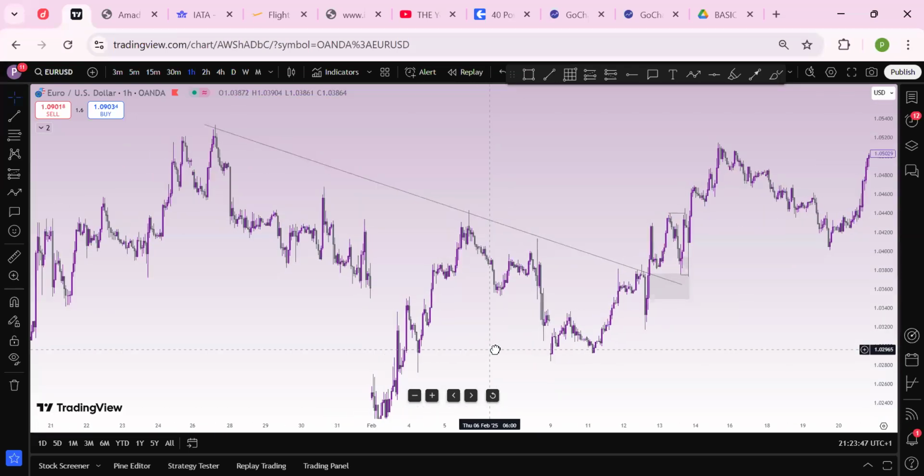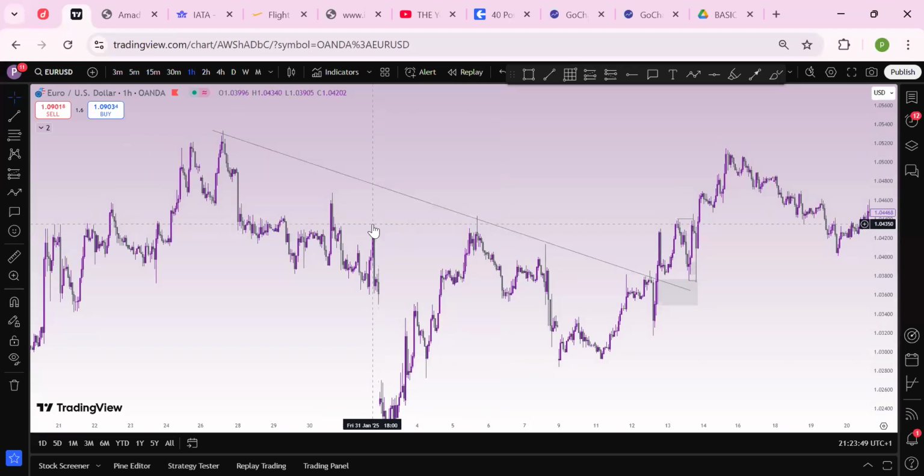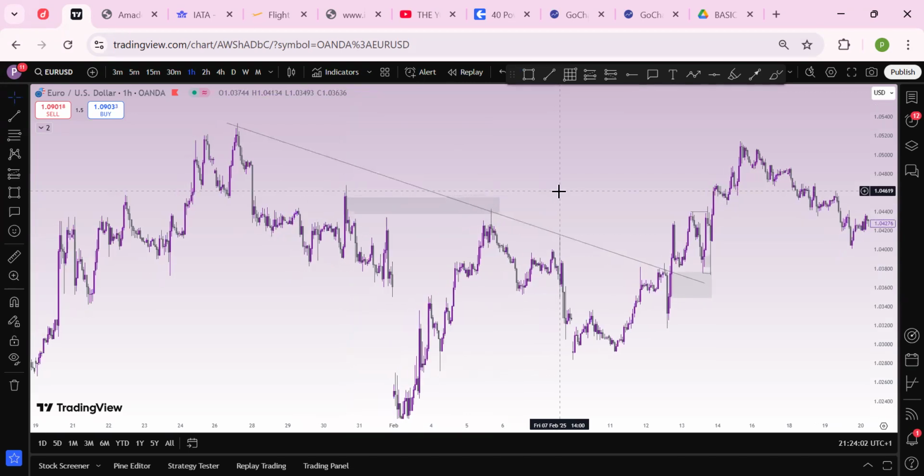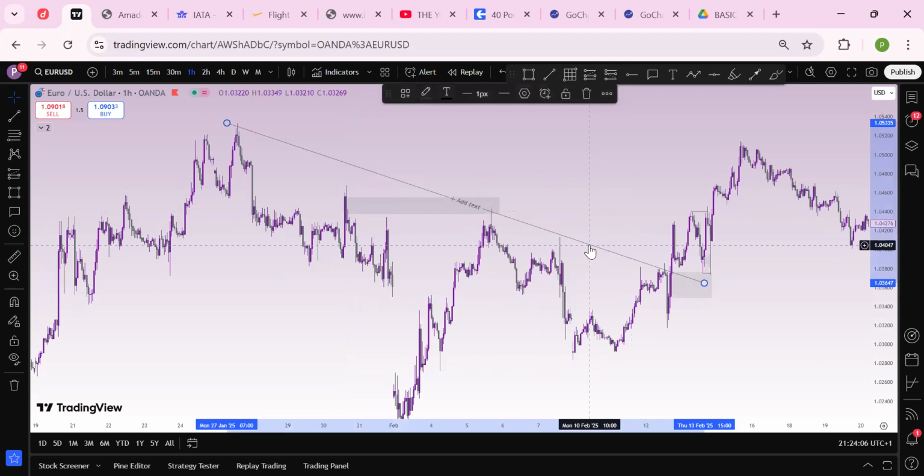So this particular trade at this area here was another area that break-evens would have actually messed with a lot of people. Let me take up this trend line.